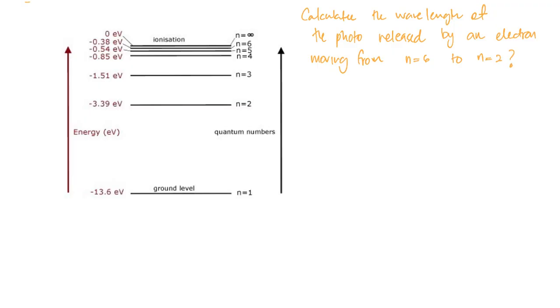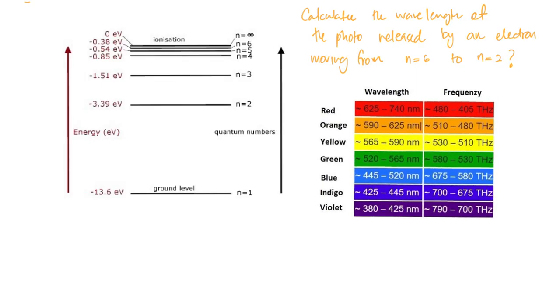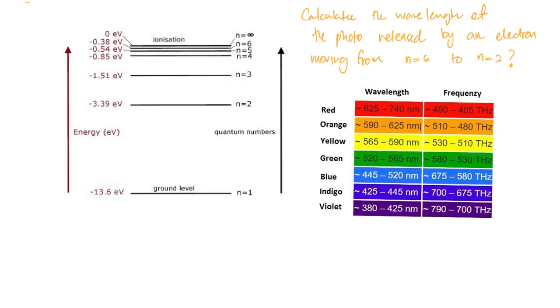The first thing that you're going to need with you is your little table from grade 10 that they show you, so that when we work out our answer, we can see if I have a certain wavelength, what kind of color I'm going to get. So basically, I've got an electron here on n is equal to 6, and I'm going to take that electron down to n is equal to 2, and it's going to emit a photon, and that photon is going to have a certain color.